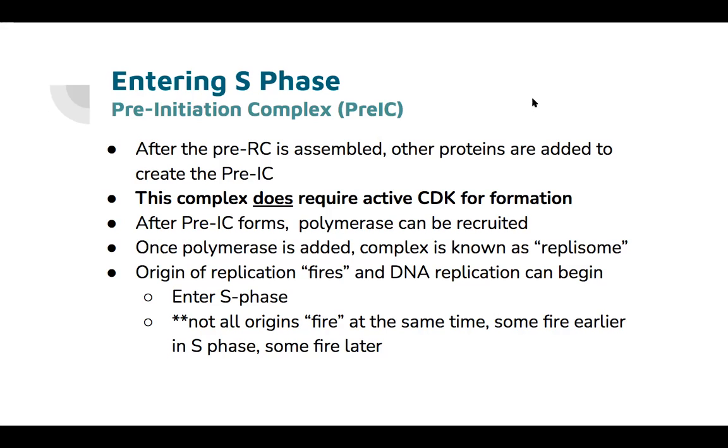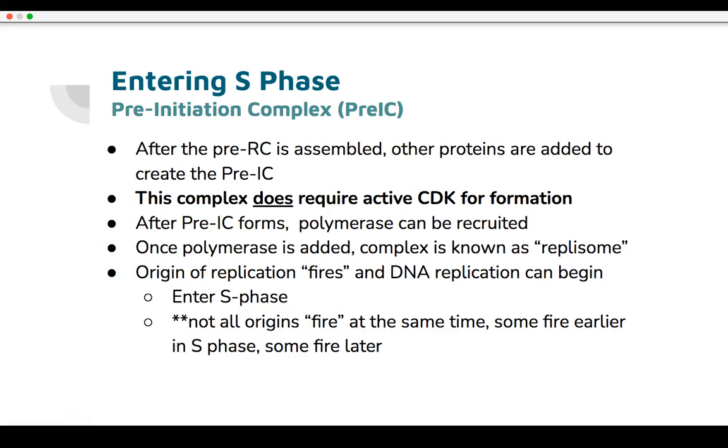But when the cell is ready to enter S phase, it needs to do the opposite, where it needs to inhibit the formation of new pre-RCs, right? Because if the cell makes new ones, then it'll replicate DNA more than it has to. And that's something the cell really doesn't like. If the cell has too much DNA or too little or extra duplicated DNA, it's a really bad recipe for disaster where a lot of mutations would occur.